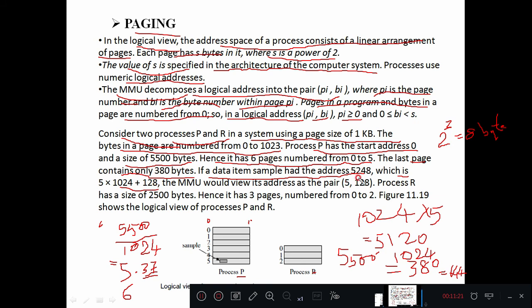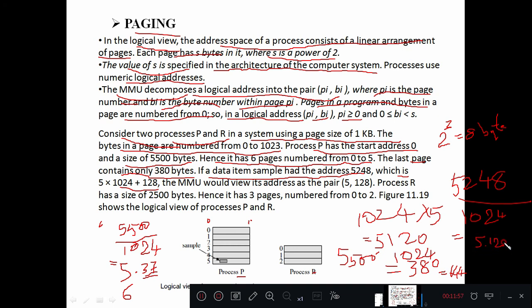Just divide 5248 by 1024. Similar to what I said for 5500, the same procedure applies to calculate in which page this byte lies. You will get around 5.125.